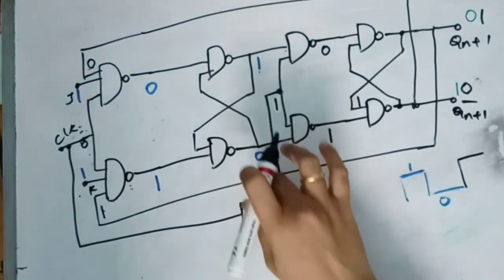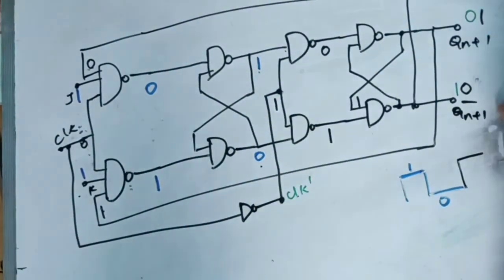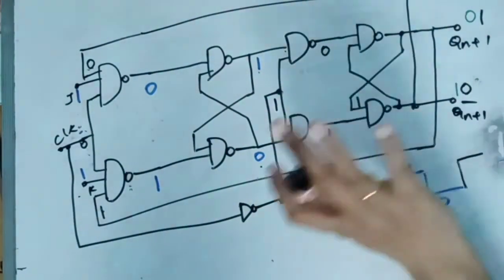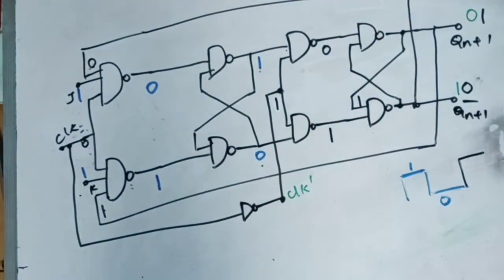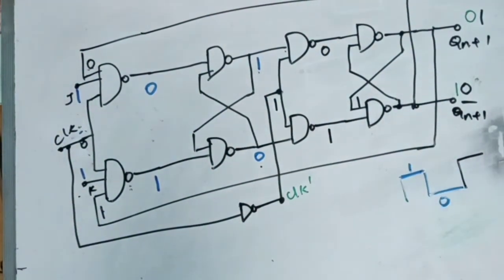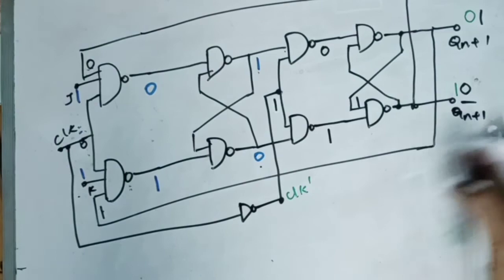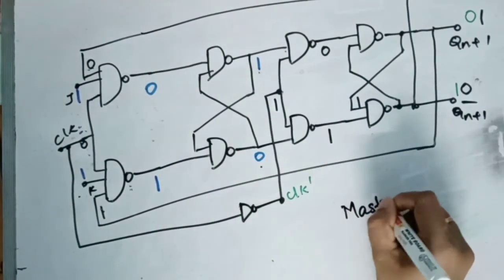So since this does not change, this is remaining the same as before, my final output does not change for that entire clock pulse. Thereby we are removing the race around condition, and this is called a master slave flip-flop.